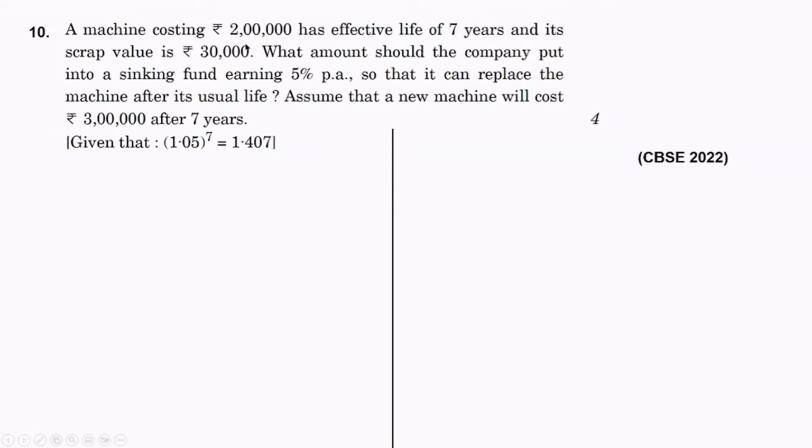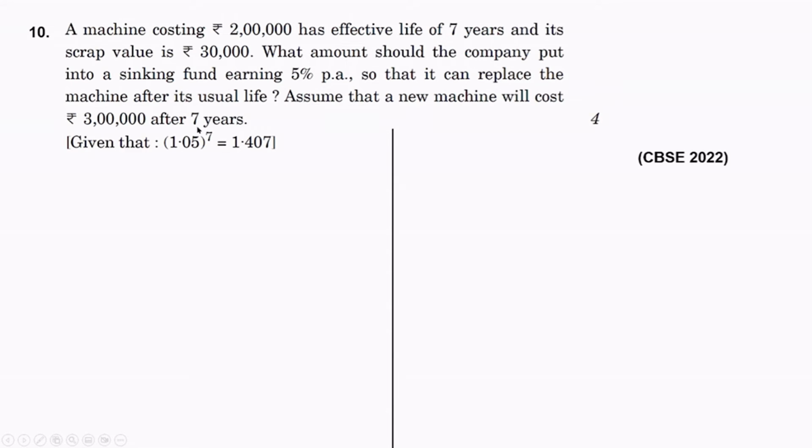So here the cost of the machine is 2 lakhs and it has an effective life of 7 years. And this 2 lakh machine has a scrap value of 30,000. But for buying a new machine, the cost of new machine will be rupees 3 lakhs after 7 years. So we have to consider this cost, and this scrap value, because this is the amount that we will get after 7 years from the existing machine.